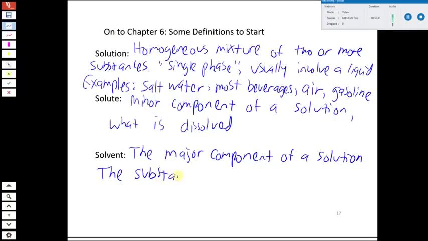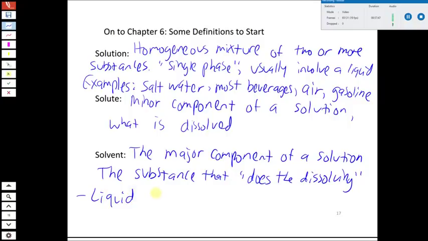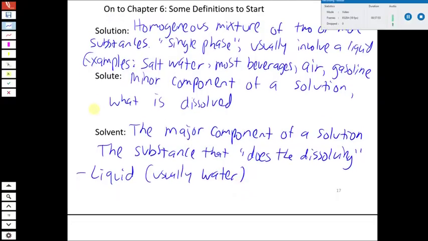Or you can think of it as the substance that does the dissolving. In our context, this is primarily a liquid, usually water, for the types of chemical reactions we're going to talk about. So in our case, it's going to be obvious.